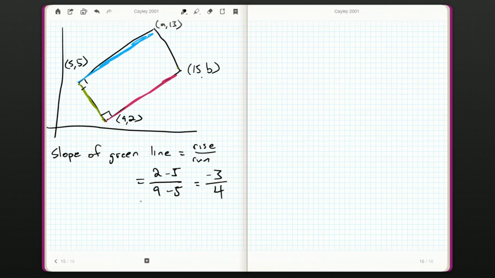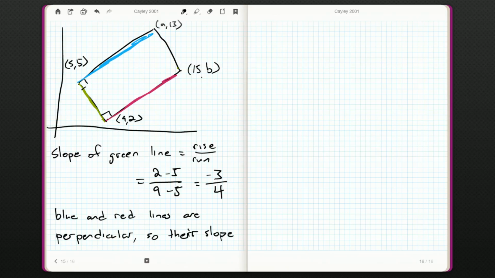So the blue and red lines are perpendicular to the green line. So their slopes are going to be negative reciprocals.